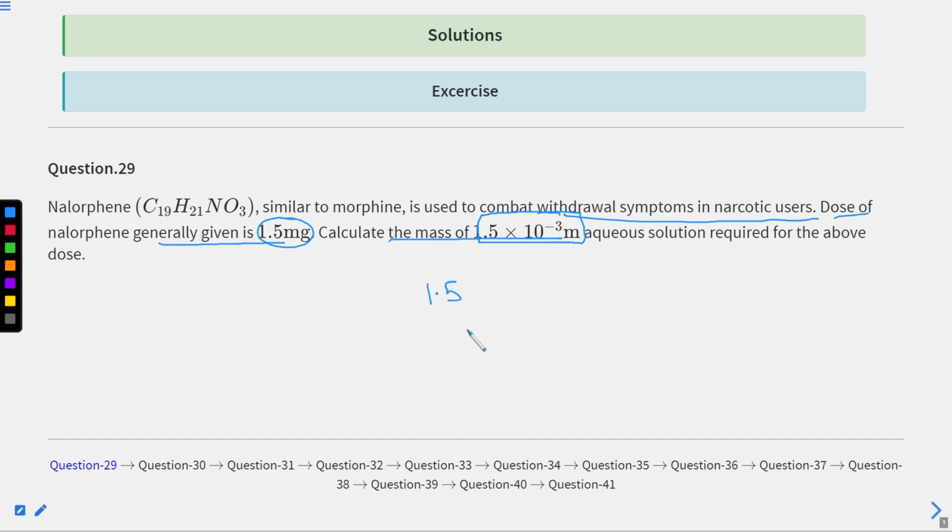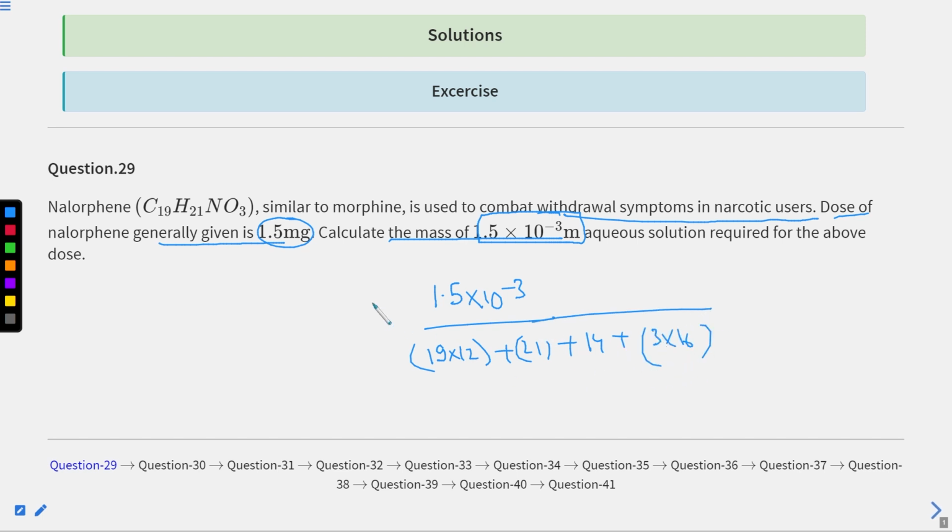Okay, the number of moles should not be 1.5, it should be 1.5 into 10 to the power minus 3 divided by the molar mass of, say, this C19H21NO3, that would be 19 into 12 plus 21 plus 14 plus 3 into 16.